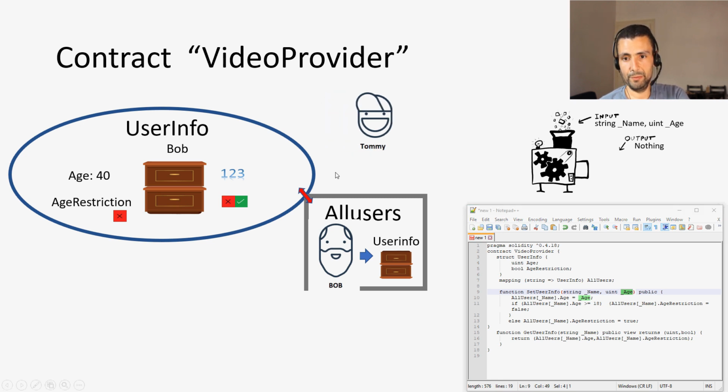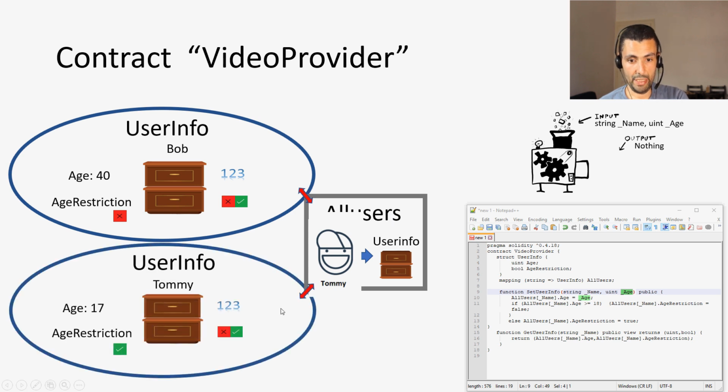The same is true for Tommy. He also goes inside this, he also gets his own share of chest of drawers, let's say. And then the age information of 17 is stored, and the age restriction will automatically go to true. In that case, I stored both pieces of information for Bob and for Tommy.